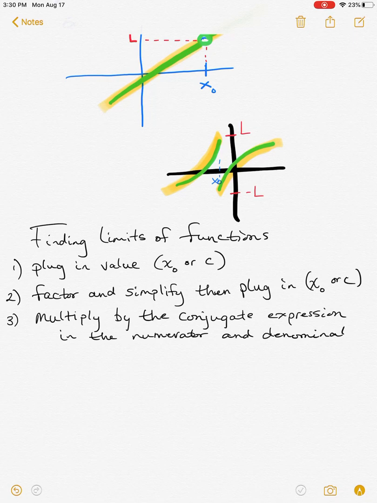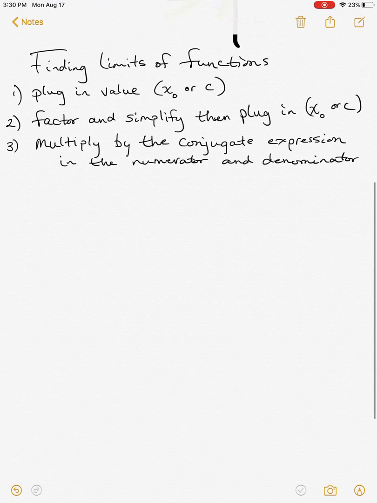All right, those are just some quick little tips. Now what I'm going to do is slide in an example of each of these and let us see what we're talking about.